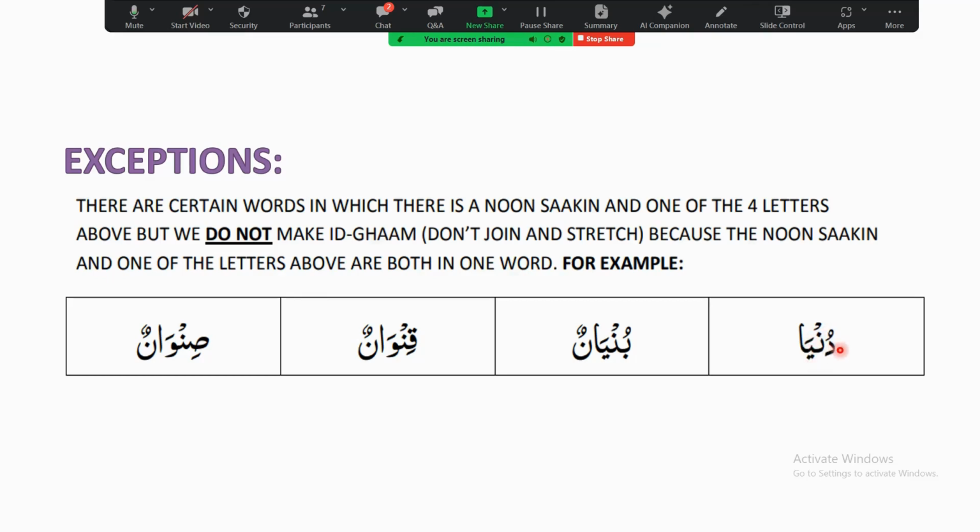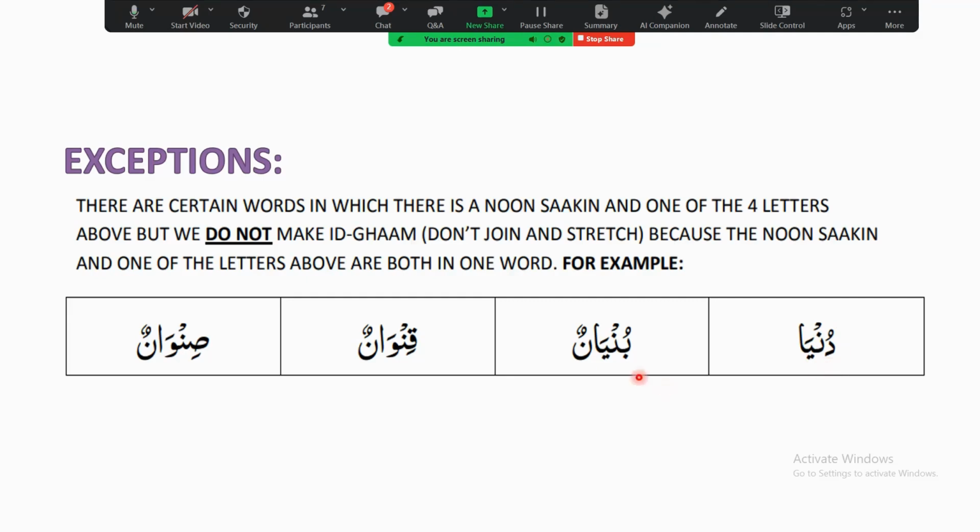We do not say duya, right? This word is dunya. We do not say duya. We do not assimilate the dal into ya here. Why? Because this is an exception to this rule. So rather than saying duya, we say dunya. We articulate the noon sakin here. We do not skip the sound, neither the nasal here.